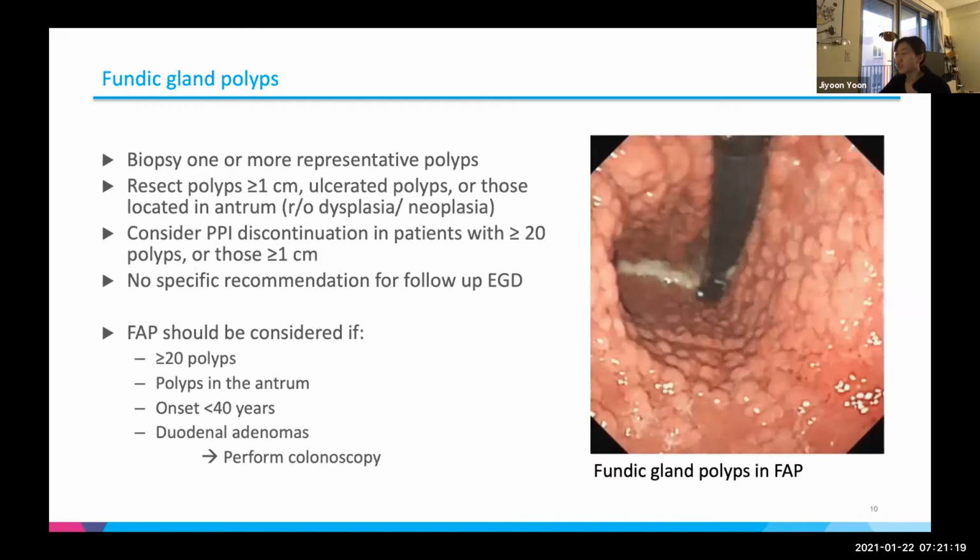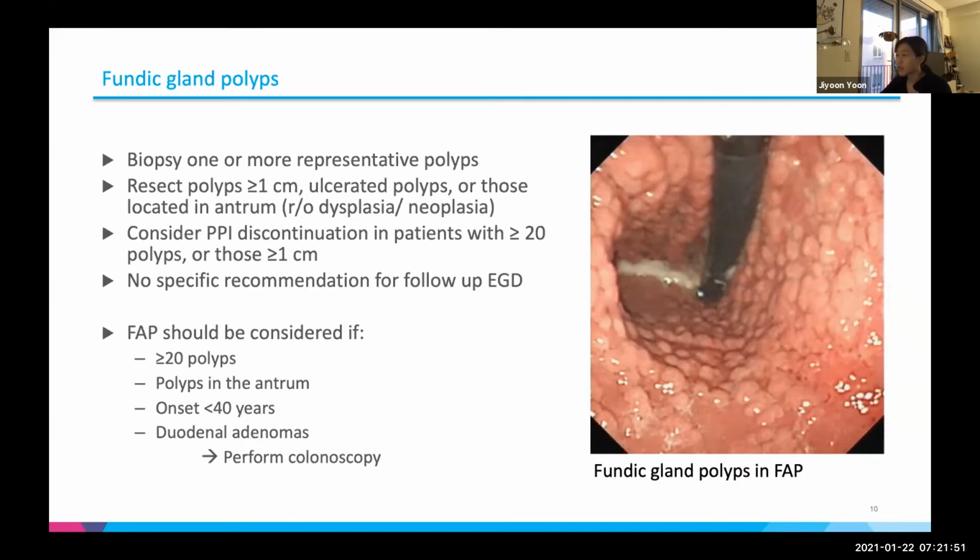The recommendations are all suggested. There are no specific guidelines because we don't have a lot of good outcome studies. They recommend that you biopsy one or more representative polyps. You can resect polyps that are large, greater than 1 centimeter, or any polyps with suspicious features, ulceration, or those located in the antrum, because that's quite unusual, and that's to rule out dysplasia or neoplasia.